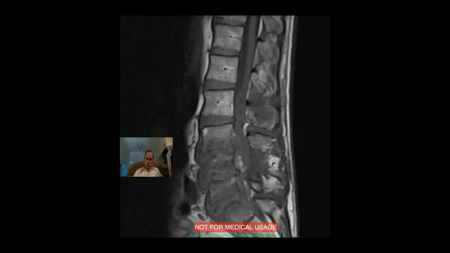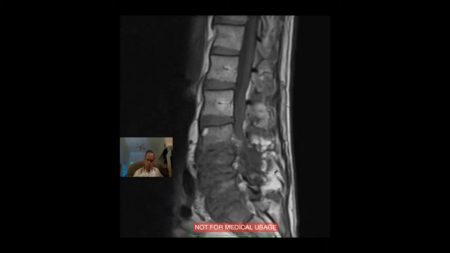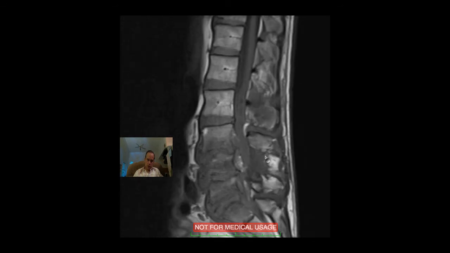You can see that there has been a laminectomy here at L4, and a portion, looks like just a portion of the spinous process has been taken out at L4, and there's a little bit left of it right here. But this vertebral body has more substance than you might think because it's edematous, it's sclerotic.